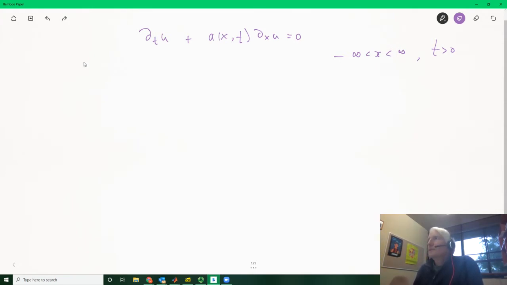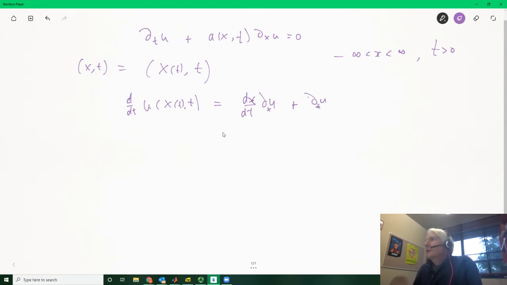So again, this is the general case. We set up X(t) equal to, we use this notation, so that's the curve. Big X is the curve of the function. And then we go d/dt of u(X(t), t), which is dX/dt times du/dx plus du/dt.